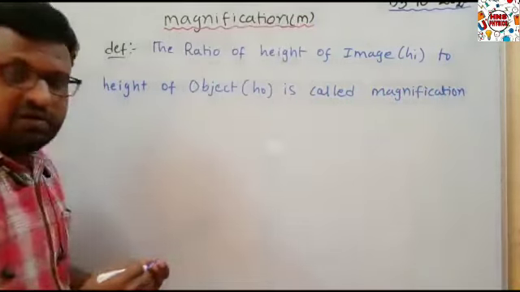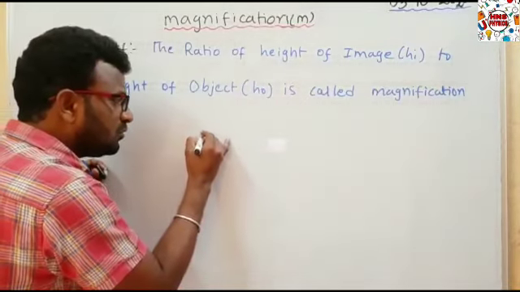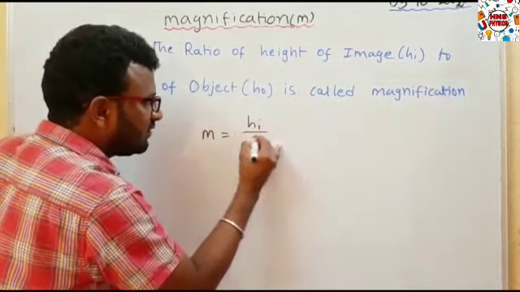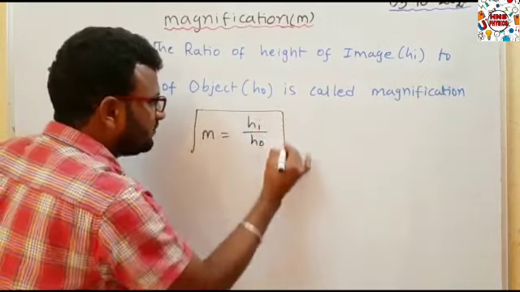So that means, how we can write the formula: m is equal to height of the image by height of the object. So this is the formula for magnification.